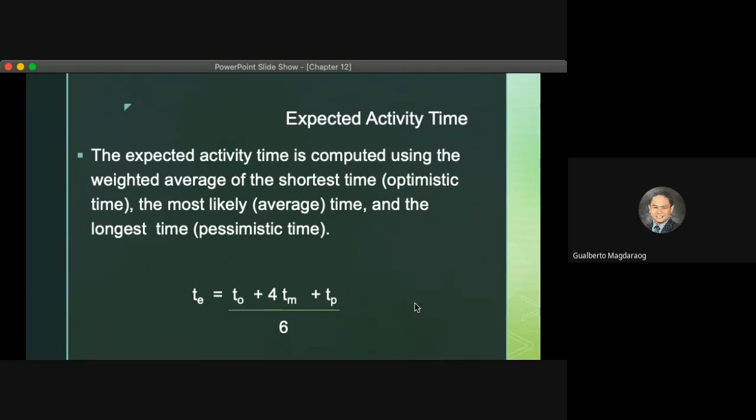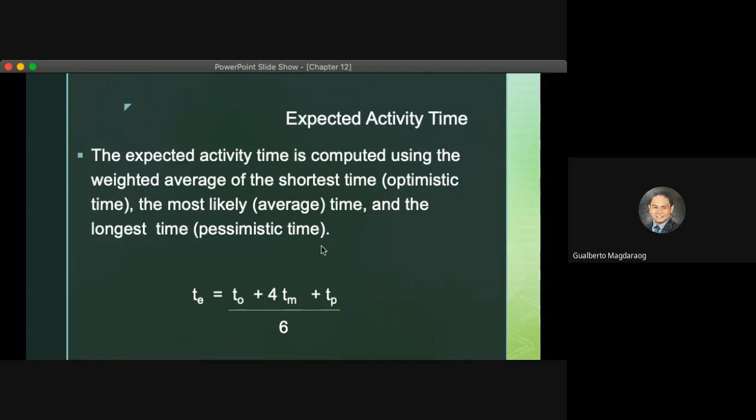Okay, now, we need to learn also how to compute for the average time or the expected time in each activity. Normally, we are given 3 kinds of time: optimistic time, most likely time or the average time, and the longest time, which is the pessimistic time. So yung optimistic, you wanted to finish early and therefore the shortest time.